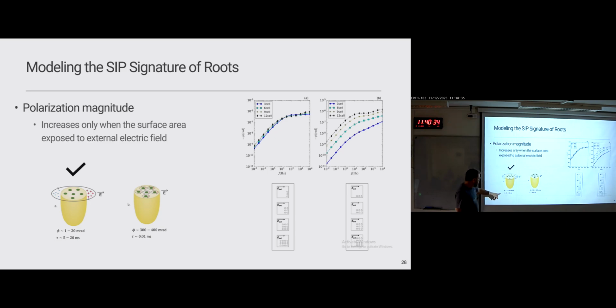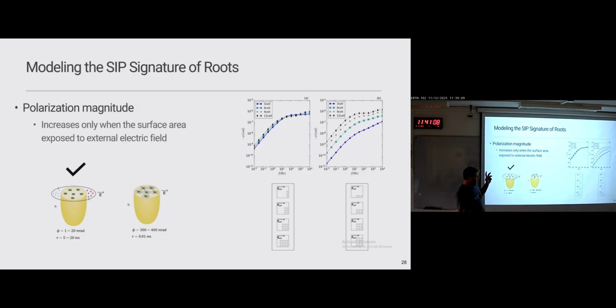In addition, the relaxation time, something between 5 and 20 milliseconds, is reasonable when we think about the root diameter, a millimeter, maybe a little bit less than a millimeter. And if we would polarize just the cells themselves, we would expect much lower relaxation time and also higher polarization, because then we would expect to have contribution from each one of those cells.